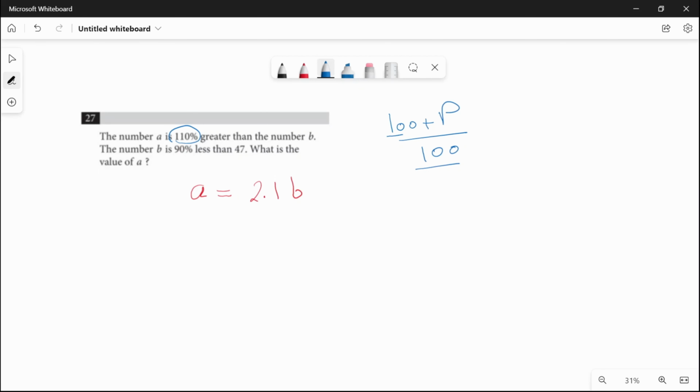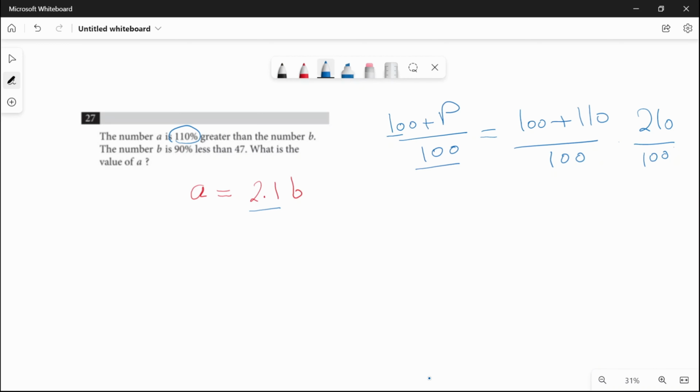So 100 plus the percentage given, which is 110, over 100. So we will be left with 210 over 100. 210 over 100 is equal to 2.1. So A is equal to 2.1 multiply B.